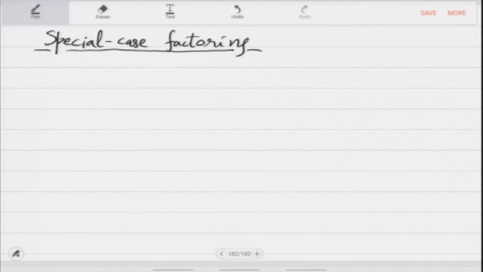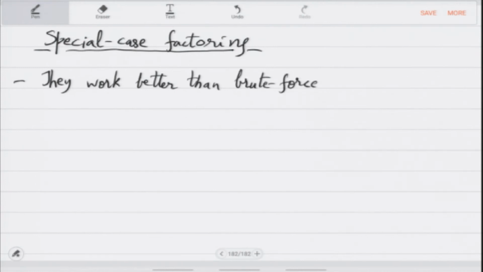So let's start with some special case factoring algorithms. They work better than brute force on special numbers n.